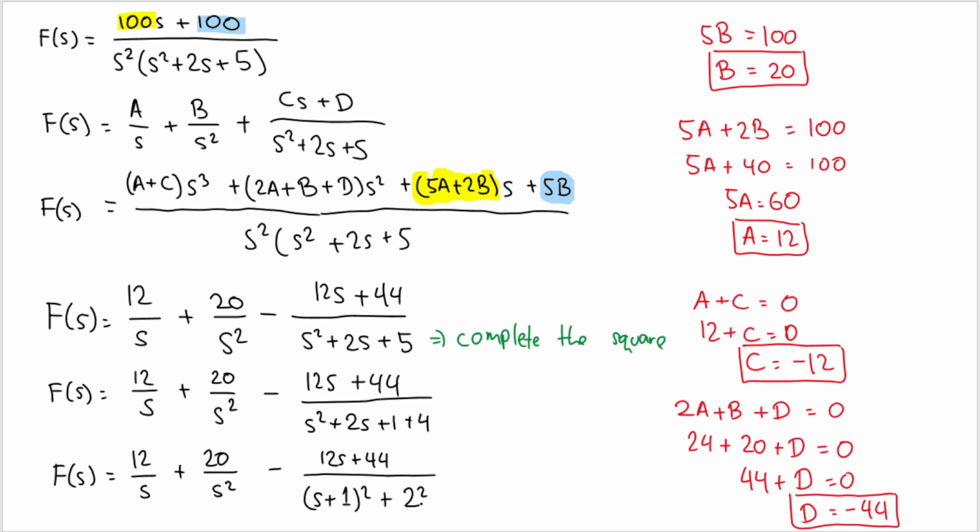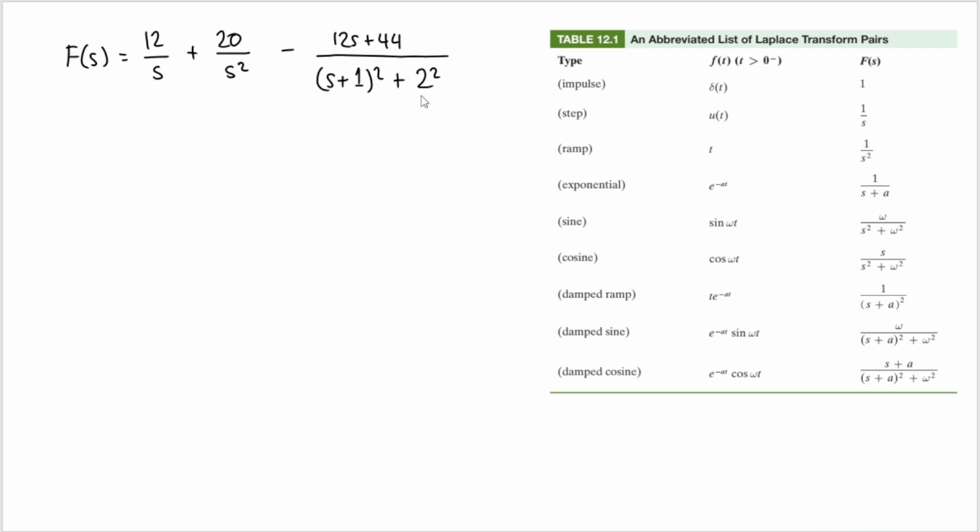Okay, now let's go from here and let's take out the Laplace transform table. Okay, so far we got this, and the only problem is this one. However, we have the damped cosine and the damped sine. And here we have s plus a squared, and here we have s plus a. So we want the numerator to be s plus 1 in this case, right?